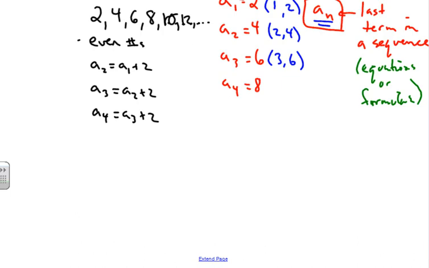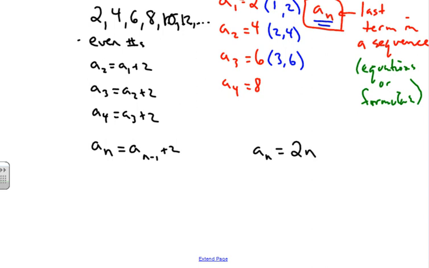Well, if we put this in equation form, a sub n appears to be, we take the previous term and add 2. But that's not good enough because we want it in terms of just simply n. Well, maybe it would be 2 times n.